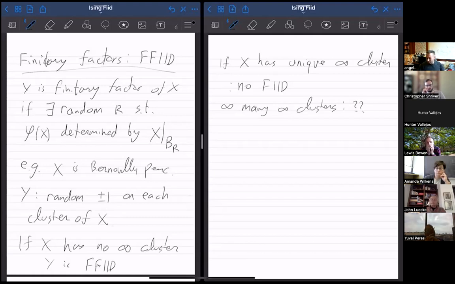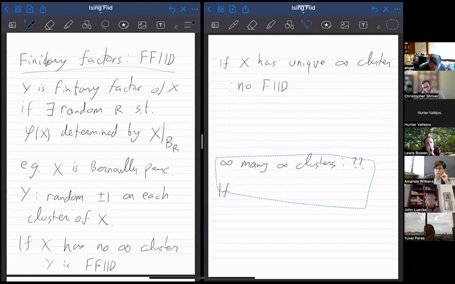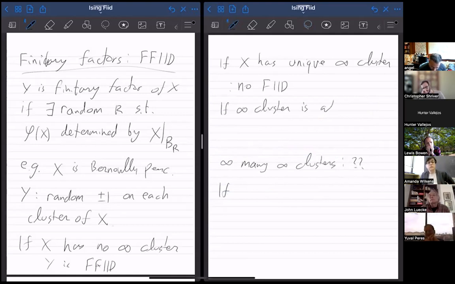So now this is ergodic. Let's go back to the unique case. If the infinite cluster is always plus, then this is ergodic, and it is still a factor of IID. You can do the finite clusters the same as before, and the infinite cluster is just plus, but now this is no longer finitary.